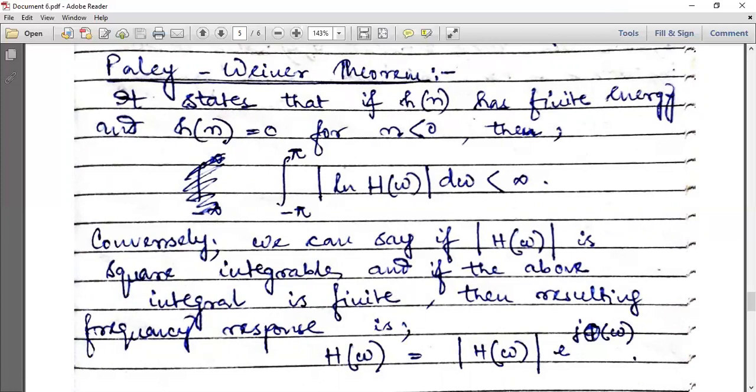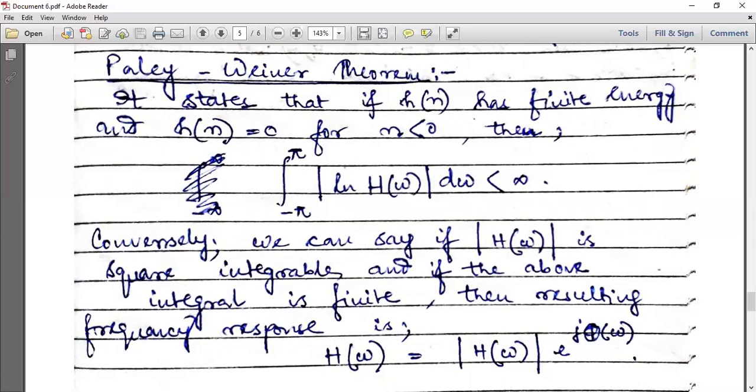Now, if you want to speak about the characteristics of practical frequency selective filters, you should know that ideal filters are non-causal and hence practically unrealizable for real-time signal processing applications.